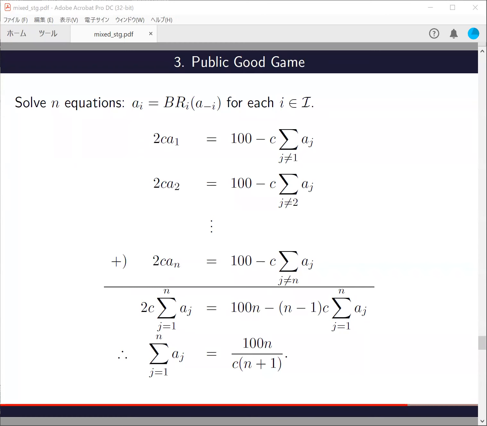To do this, we sum across all first-order conditions. The resulting sum of first-order conditions is just a function of sum of all contribution amount, which gives the equilibrium total contribution amount as 100n divided by (cn + 1).